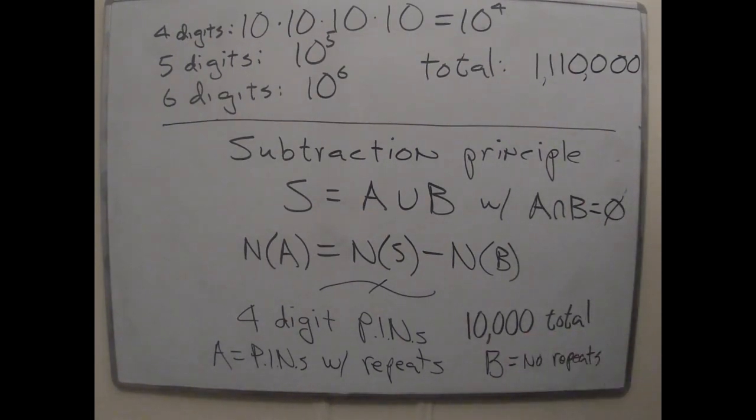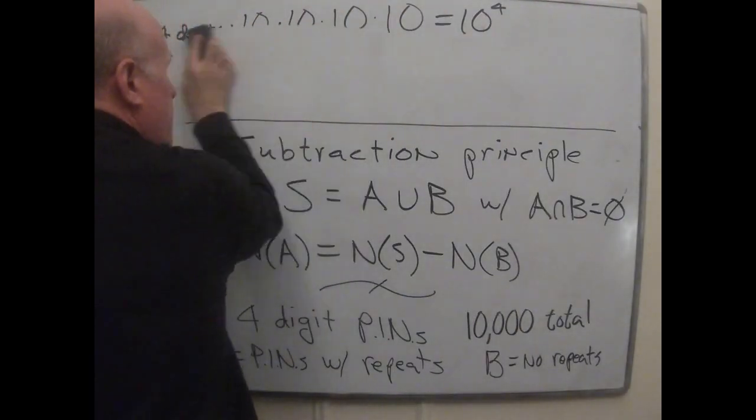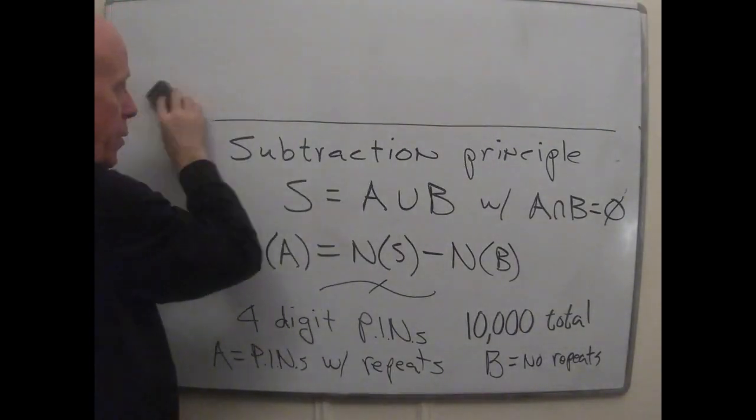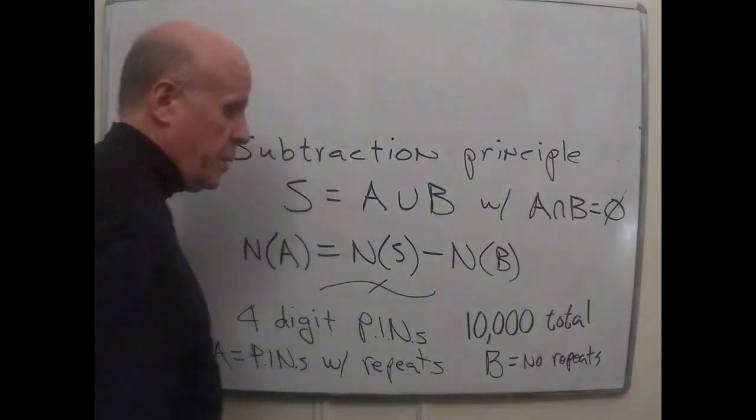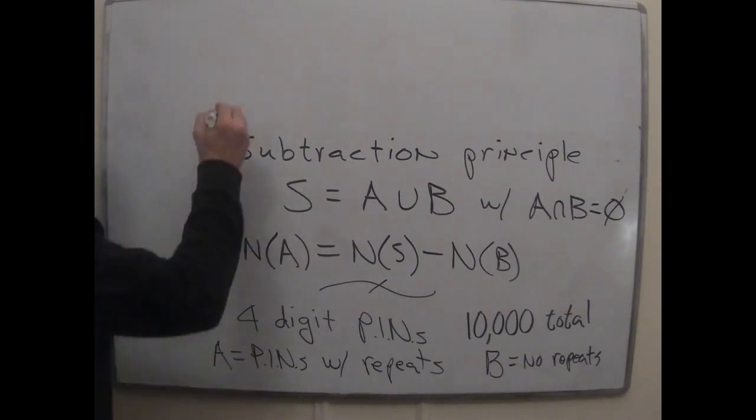We know we've got 10,000 total. Which one is the one that's easy to count? Turns out B is. It's not hard to count the number of choices from 10 things where you're not allowed to have repetition. That's really a permutation number, 10 pick 4.